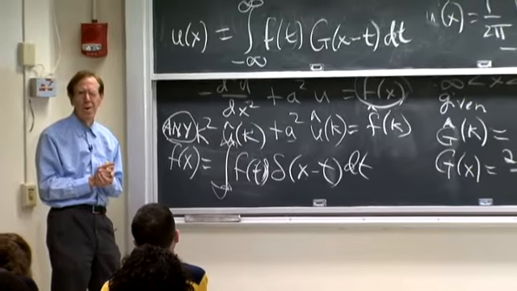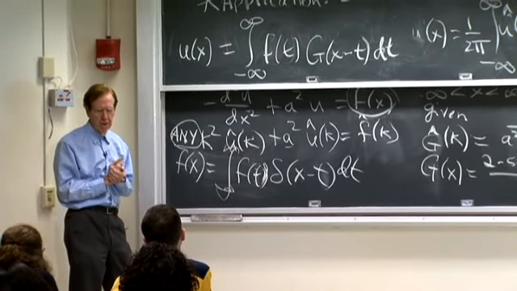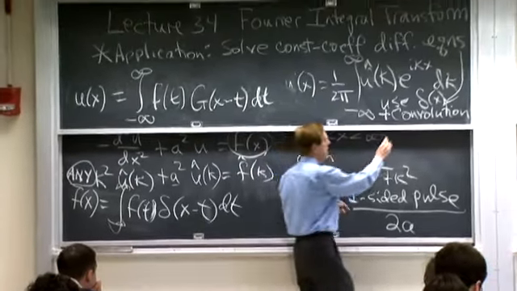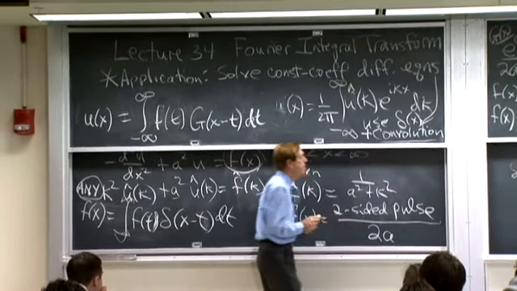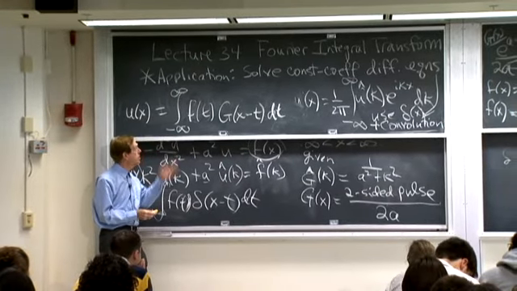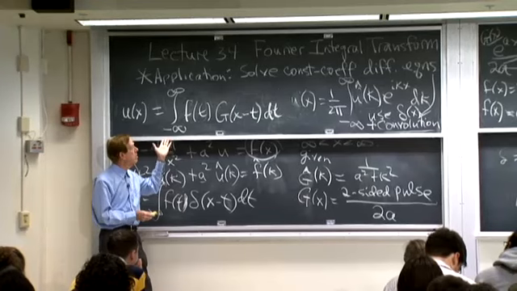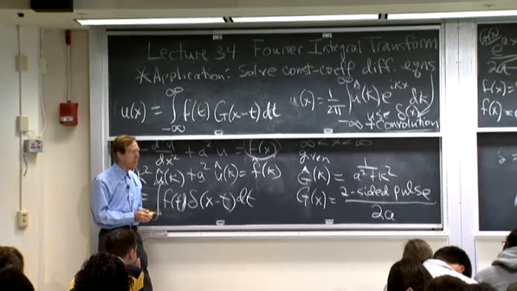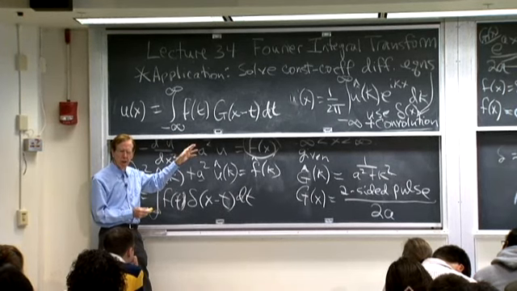Okay, and now one more thing about this. I've written the key word down here, convolution. Do you see the nice way to write that answer? It's the convolution of f with g.